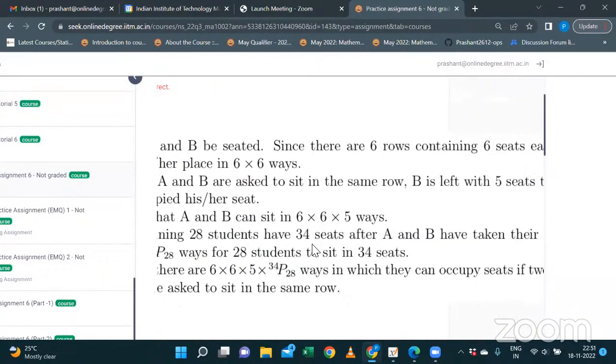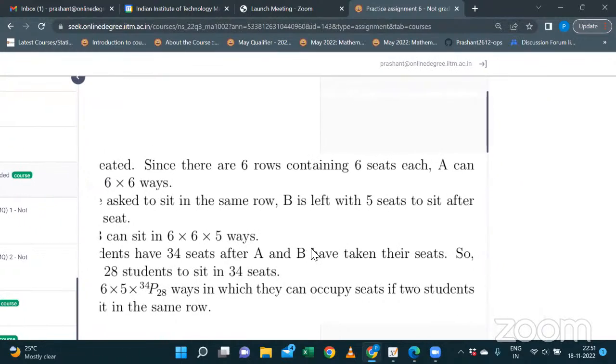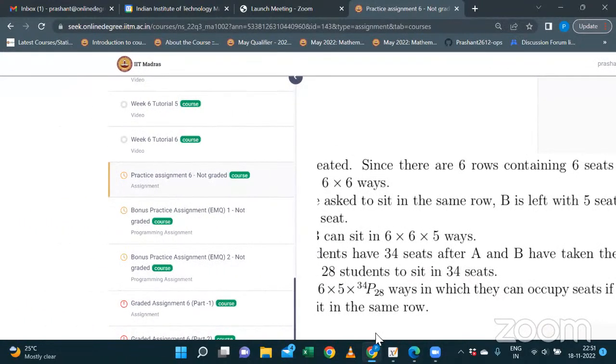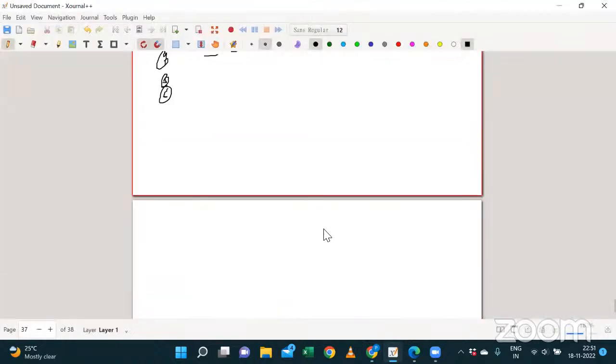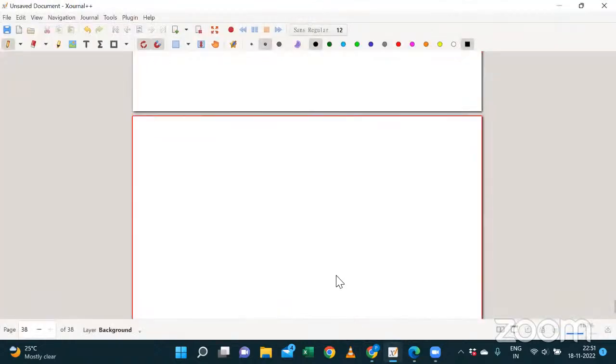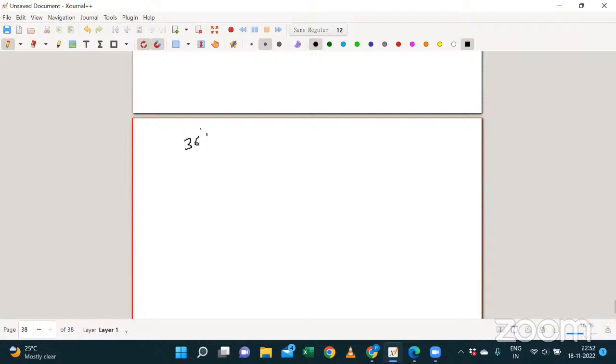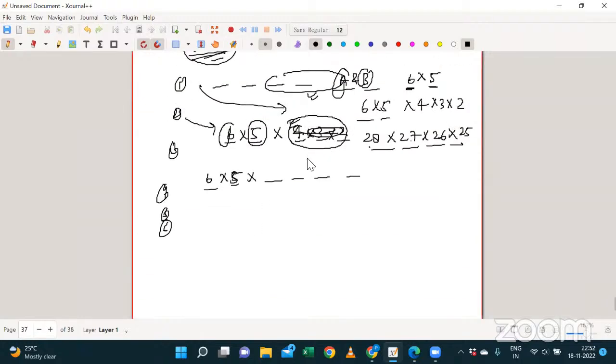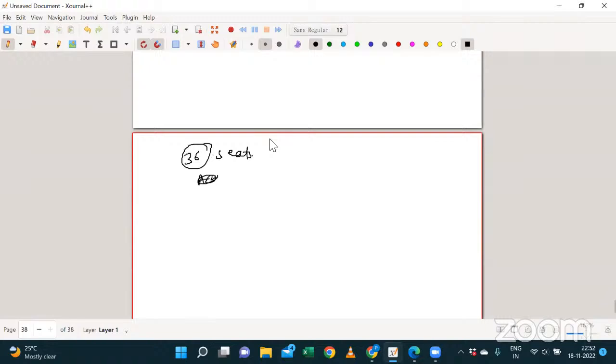There are a total of 6 rows with 6 seats each, so 36 seats, and 2 seats are already occupied by A and B. So 34 are remaining, and in those 34, the remaining 28 students can be arranged in 34P28 ways. Yeah, that's correct. Thanks.